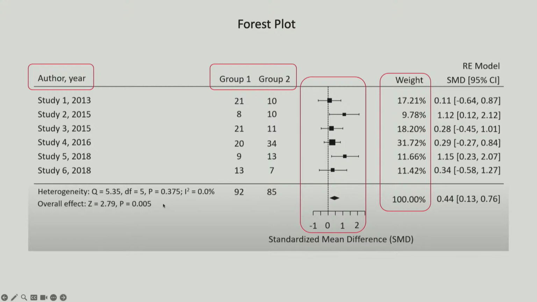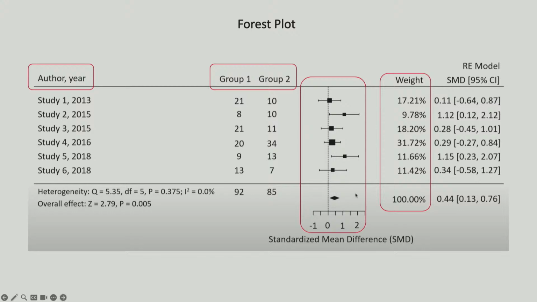So this is the overall effect, which you see with this diamond represented at the bottom. It lies completely to one side of the line of no effect, right? If it is overlapping with this line of no effect, it means that probably there is no significant difference, and then P will also not be significant.